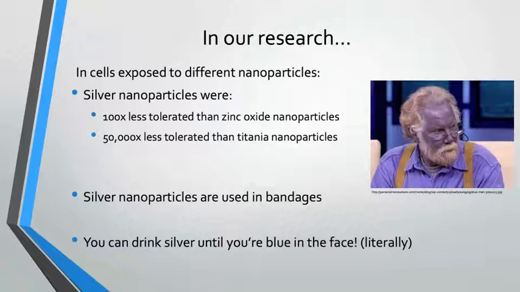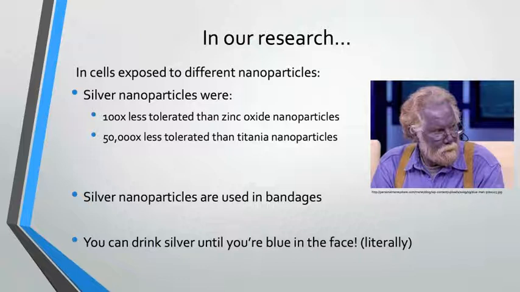So what do we find? Let's stick with silver, because we've been doing some comparisons to silver. We found that the zinc oxide nanoparticles were tolerated 100 times better than the silver. That means we could crank the zinc up to 100-fold greater than we could the silver before we started to see some problems. The titania was quite amazing.